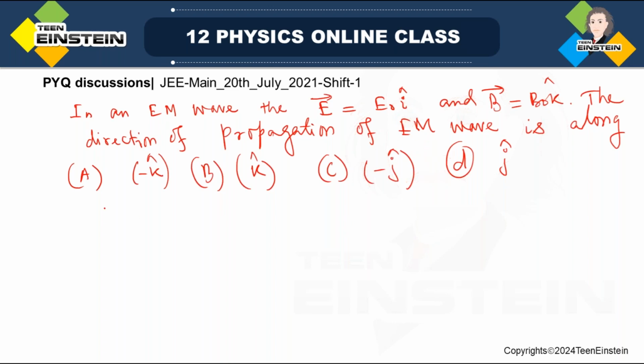This is a very simple question. See, the direction of propagation vector of an EM wave is actually given by k vector is equal to E cross H, or E cross B. Actually, this gives the direction. Magnitude will have some conversion factor, such as mu omega, either multiplied or divided.